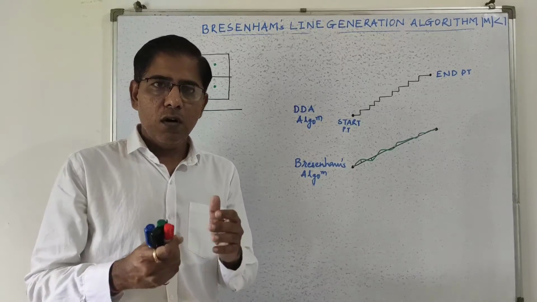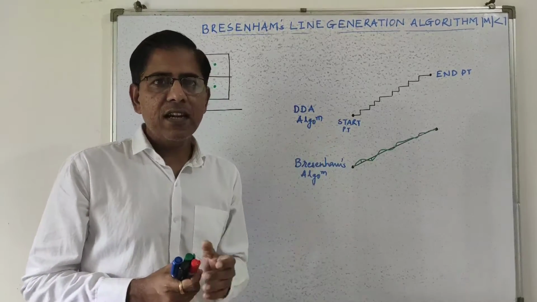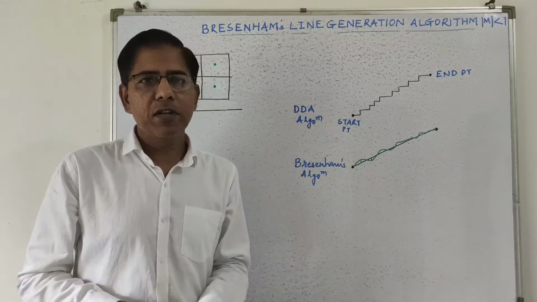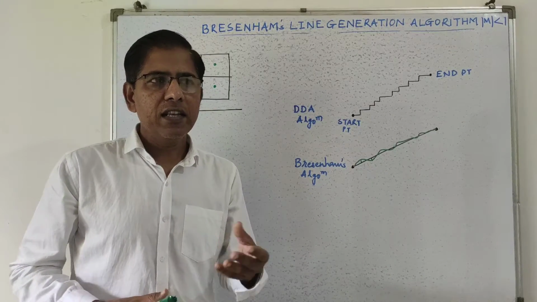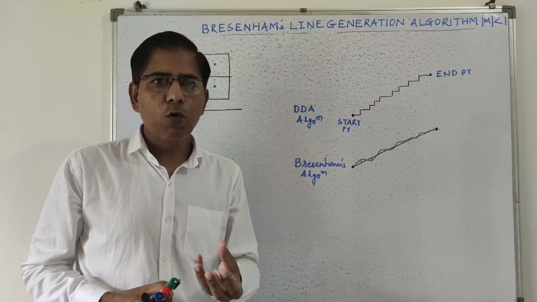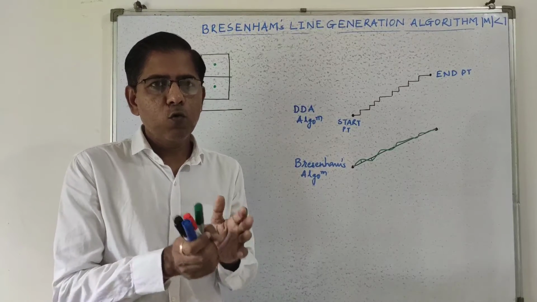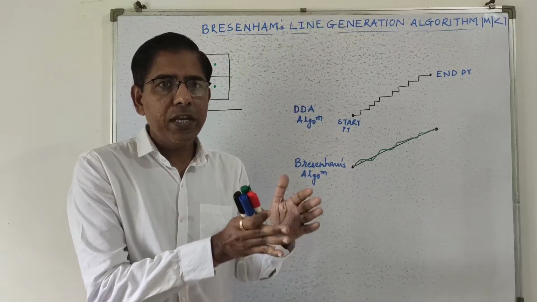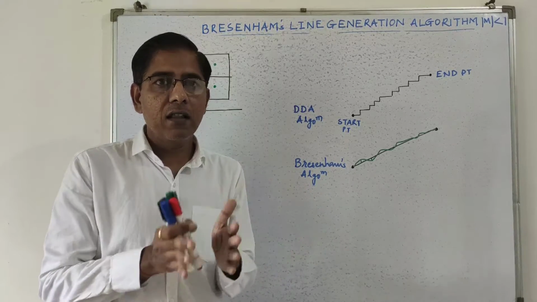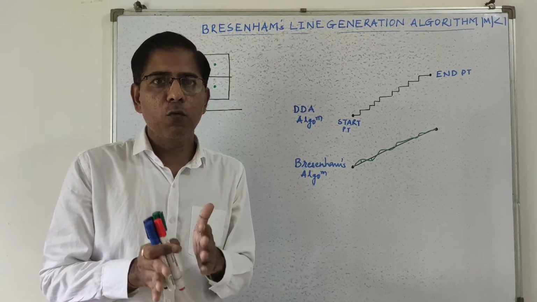To explain the exact difference between the DD algorithm and Bresenham algorithm, I will take an example of a robot. So there are two robots. One is a pre-programmed robot and another one is a line following robot.